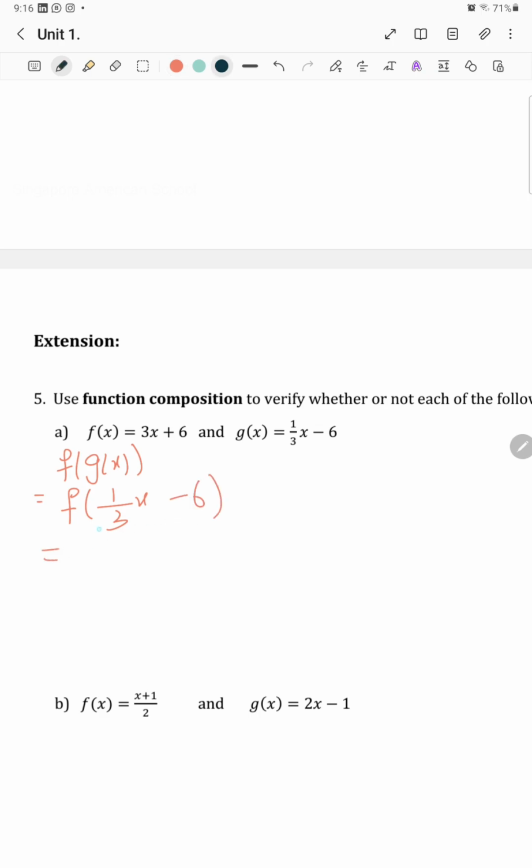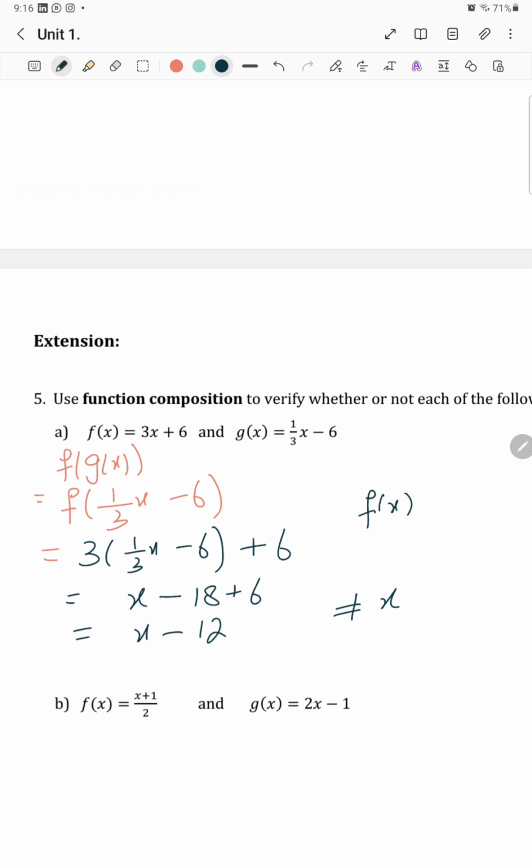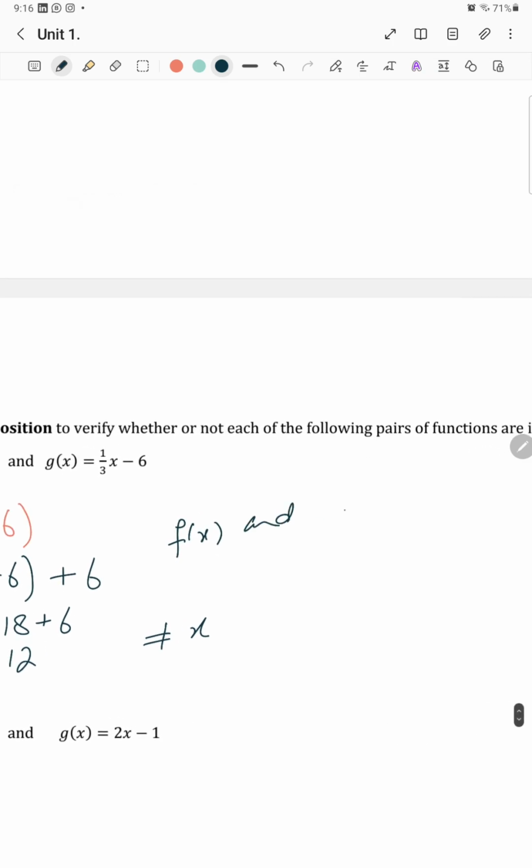Now f of x is 3. Not equal to x. So f of x and g of x are not inverses.